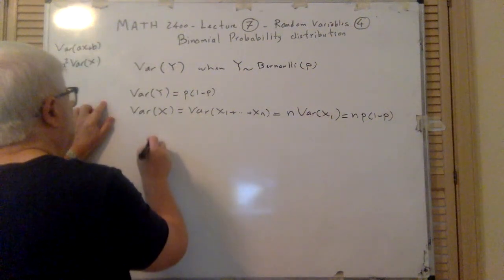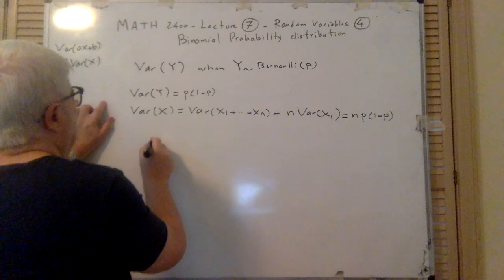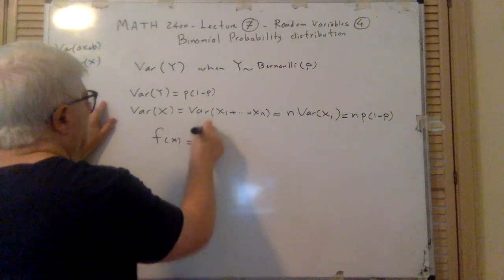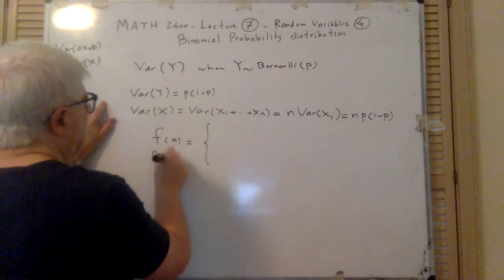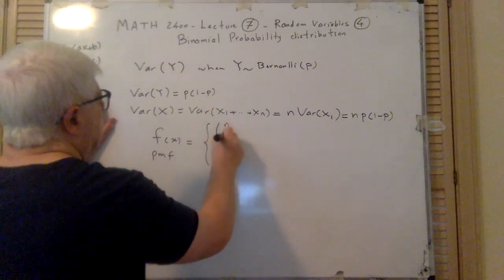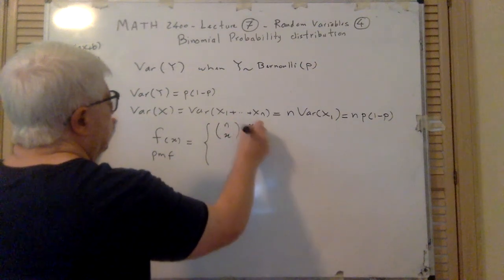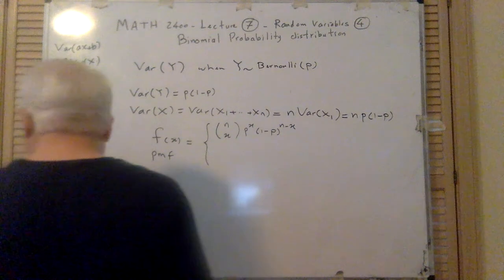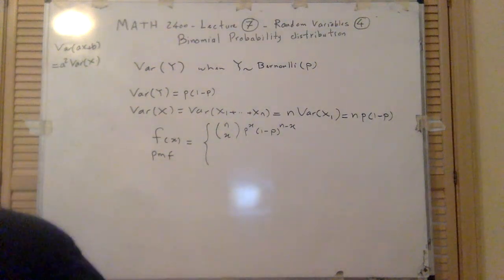Okay, so let's summarize this. We found that f(x), the PMF, is in fact (n choose x) p^x (1 minus p)^(n minus x). And I guess the book uses some notation for this, doesn't it?